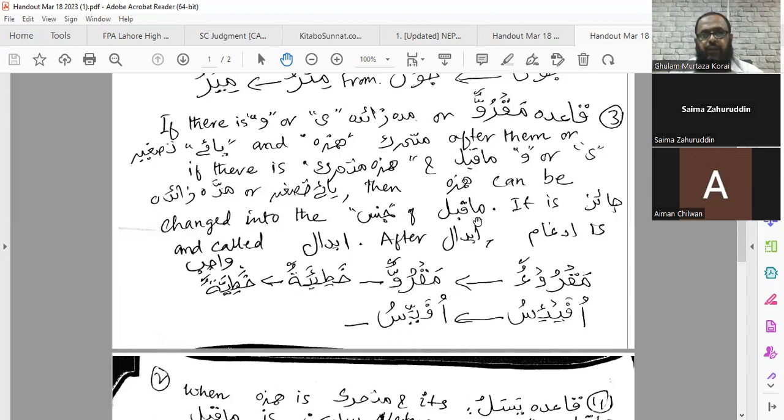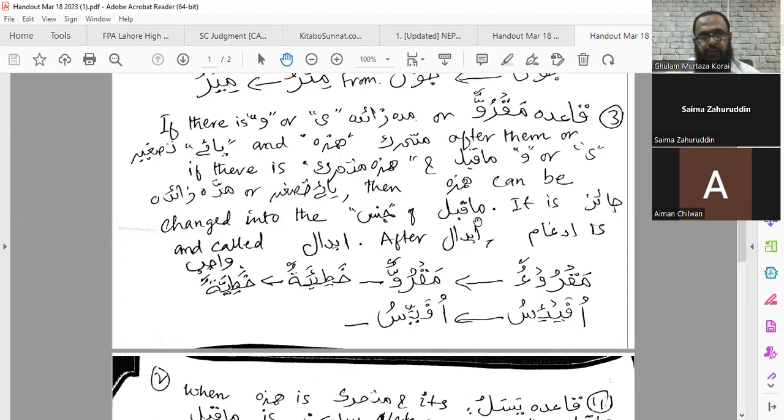If there is hamza mutaharrik and before it there is waw or ya madda zaida or ya tasghir, then hamza can be changed into the jins of ma qabal. Into the jins of the ma qabal means as per the ma qabal, from the same type of the ma qabal. And this is jawaz.